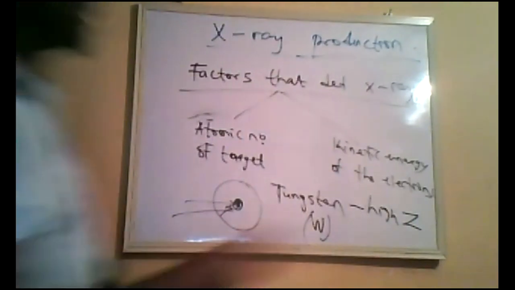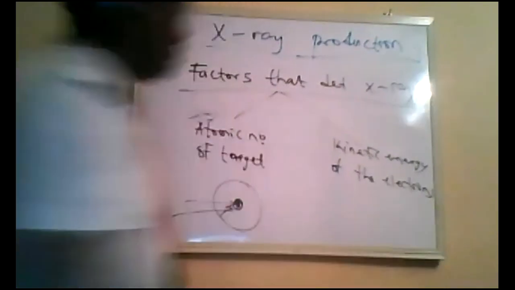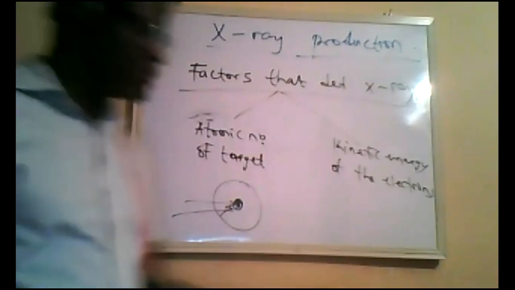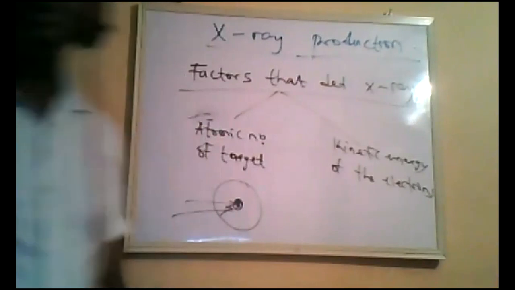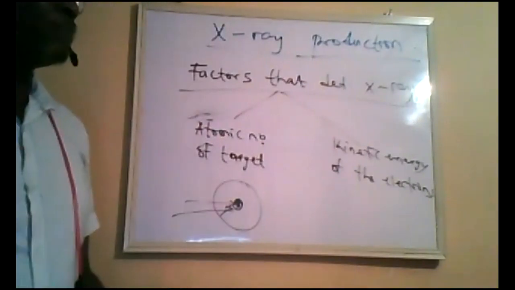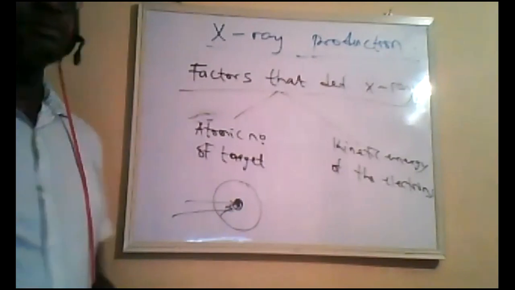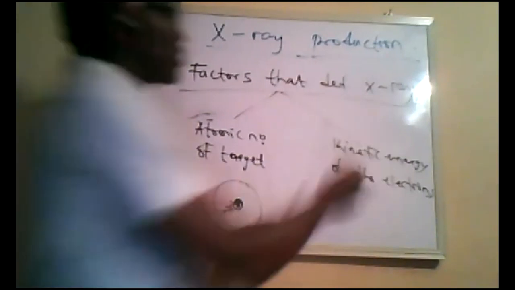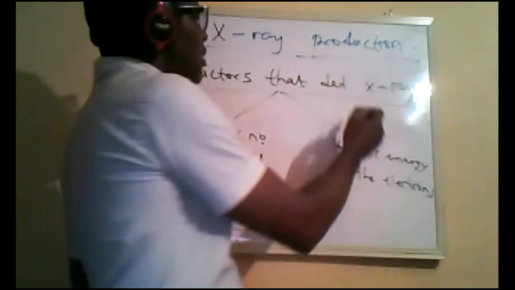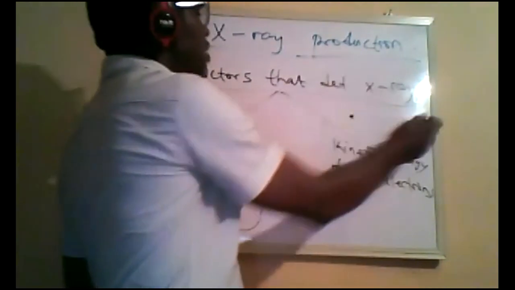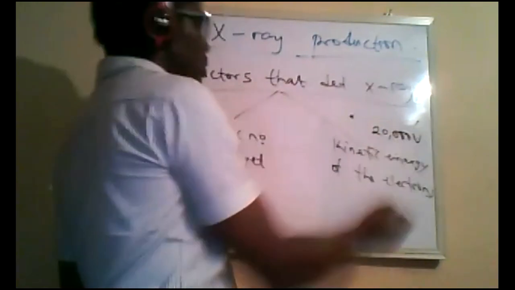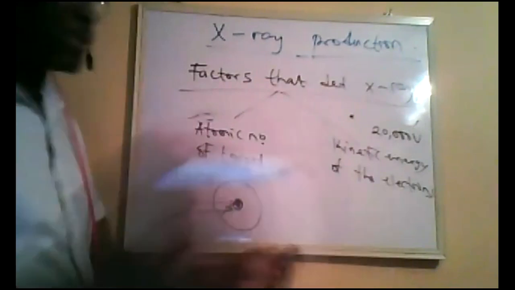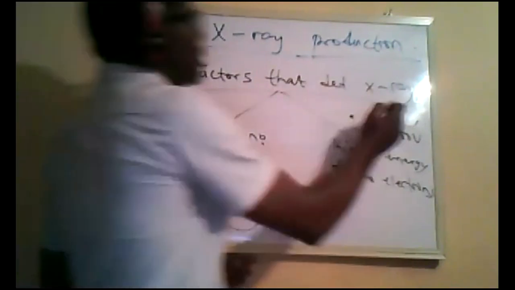Okay. So the kinetic energy of the electron determines how fast the electrons will impinge on the target. If we increase the kinetic energy of the electrons, we are going to have faster production of X-ray. You can't compare electrons moving where the potential is maybe 20,000 volts to one where the potential between the cathode and the anode is 200 volts.